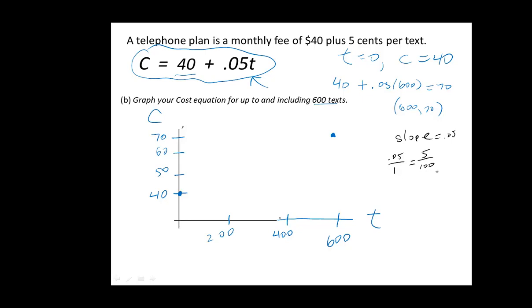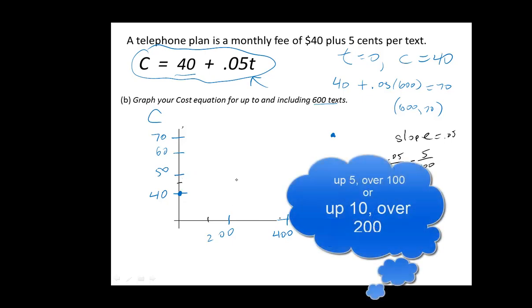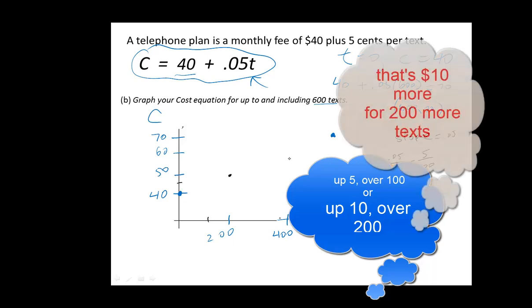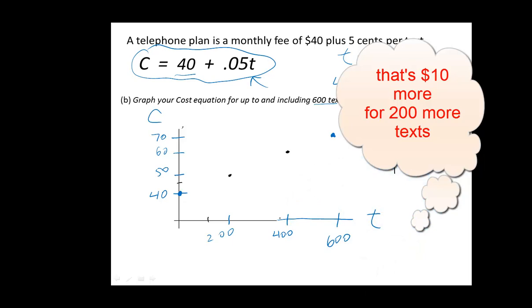So for every 100 texts, my cost is going to be another $5. So if I start at $40 for 0 texts, for 100 texts I would go up $5, and for 200 texts I would be going up $10. So I know that 250 is another point, and 460 is another point. And that gives me plenty to draw my graph now.